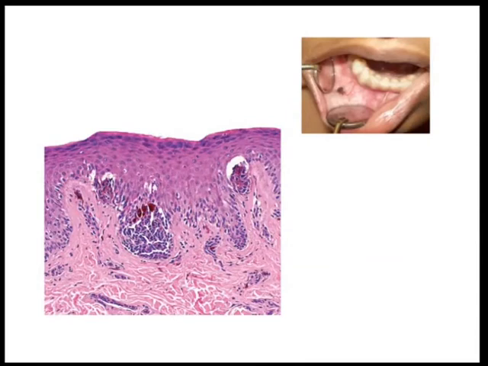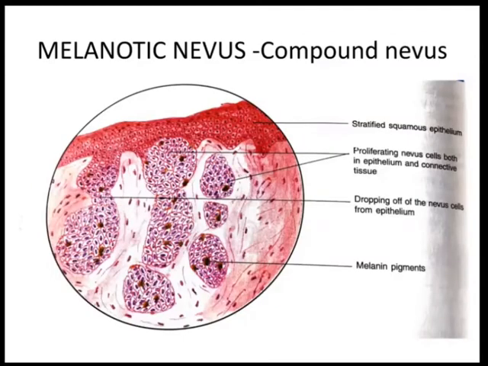The brown color is the melanin pigment, and the cells which you are seeing in the junction of the epithelium are proliferating nevus cells which form theca-like cells. Next is the compound nevus, in which you can see the proliferating nevus cells in both epithelium as well as the connective tissue, which gives you a dropping effect of the nevus cells seen from the epithelium.